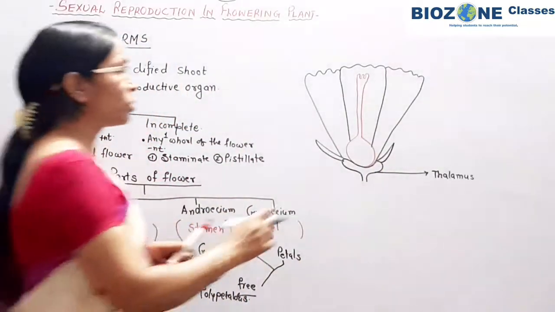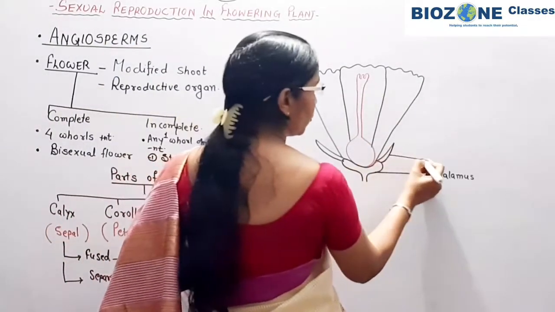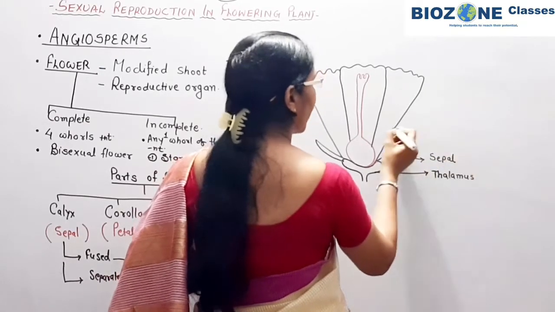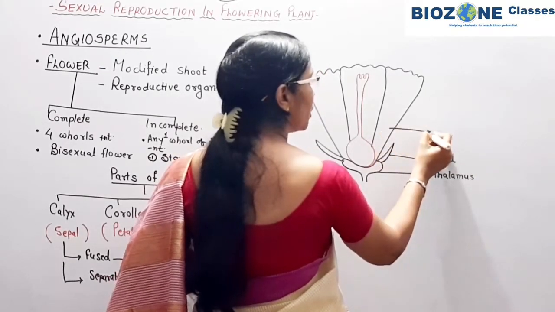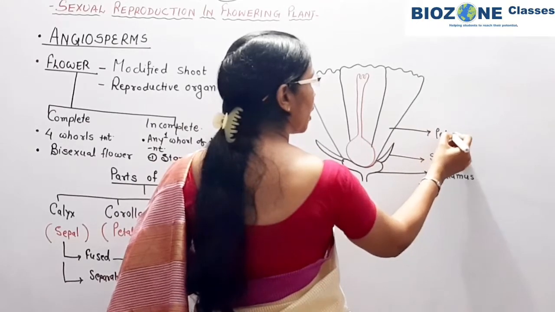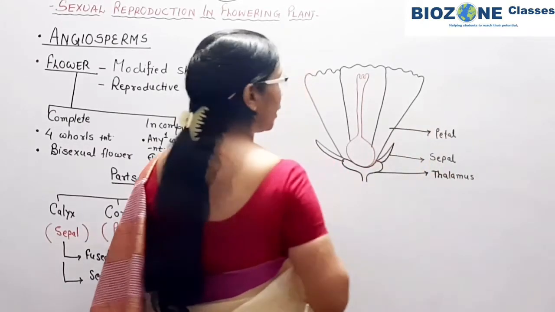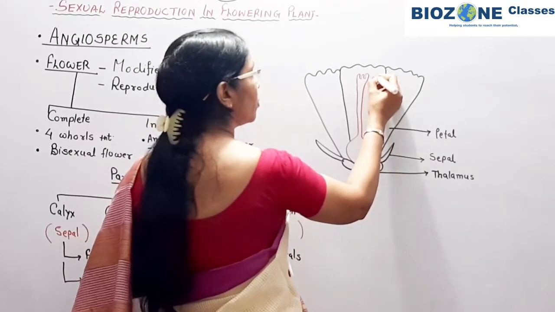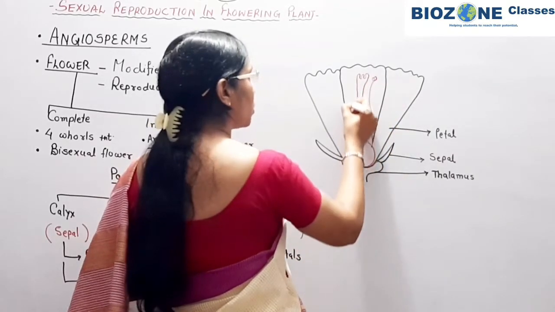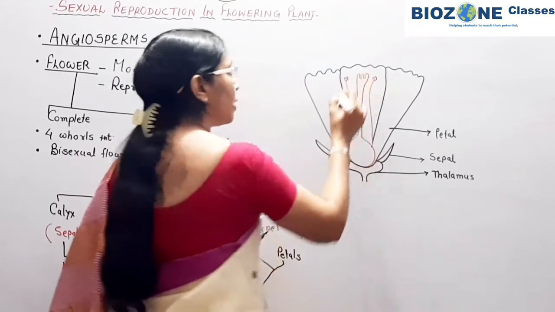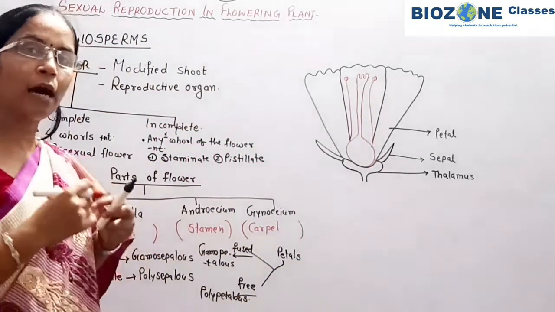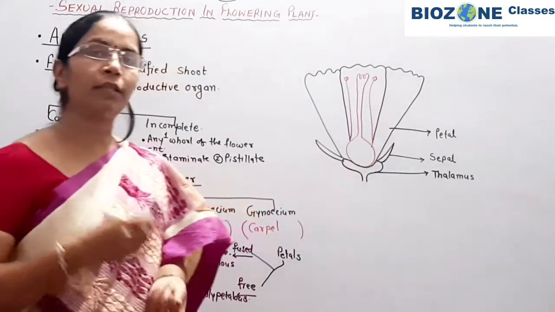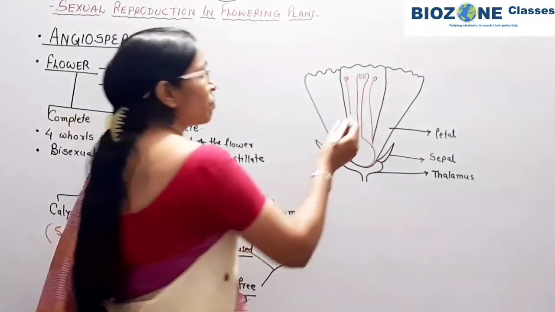The first wall is called the calyx and its units are sepals. The second wall is the corolla and its units are petals. And then after, the third wall is there. The androecium or stamens are connected with the thalamus, or they may be connected with the petals. So this part you remember.